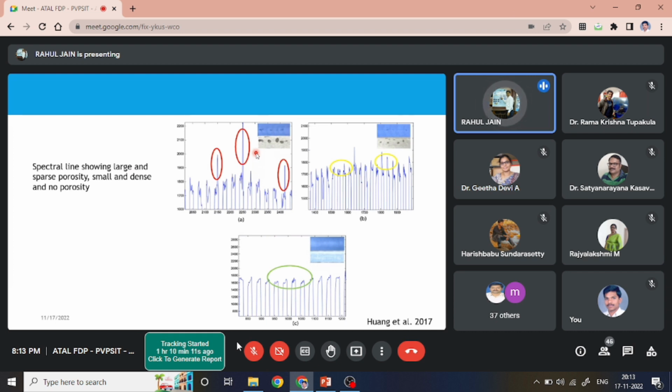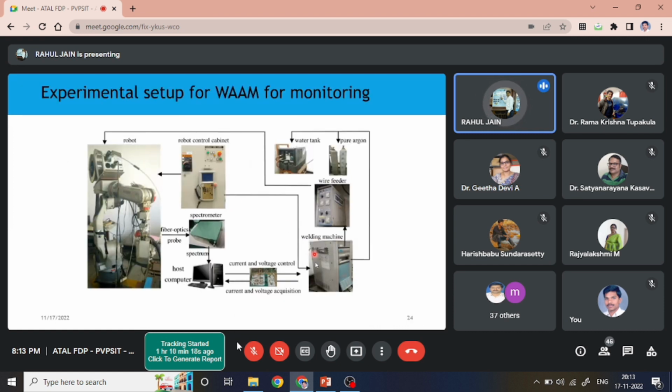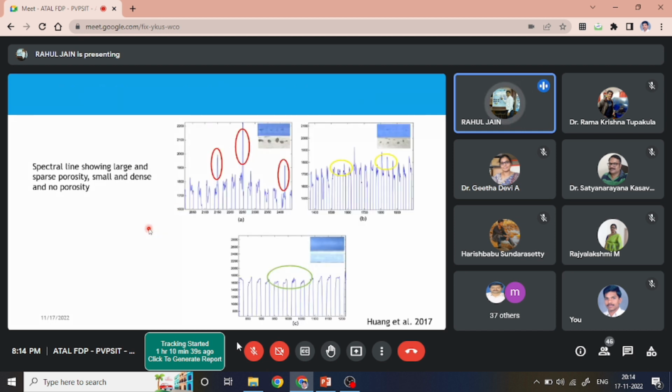But if you also have feedback control, meaning once you have processed this, based on that you give feedback back to the machine, for example through this, if you see, it is back and forth. So if you are giving this back and forth information, a feedback to the system, please increase this parameter by this much percentage, reduce this parameter by this much percentage, reduce wire feed rate by 5% or something like that, that way you can actually get a good output.